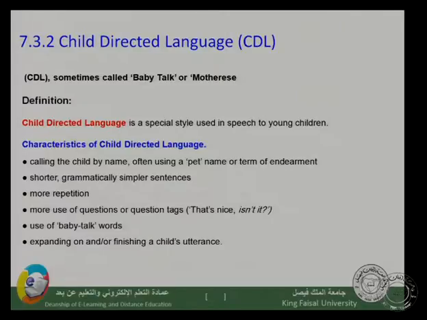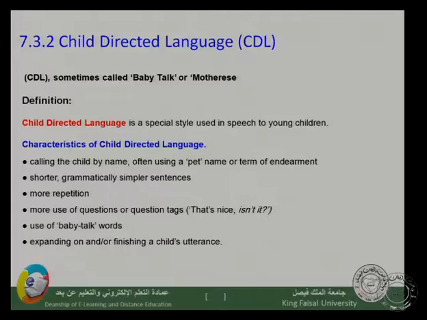We also use baby talk words which are specific to children who are under 5, and again we expand on and or finish the child's utterance. When a child says a sentence and he stumbles, he is unable to continue, we can fill the gap, we can help him express or expand whatever he says by providing him with some vocabulary that he can use to continue or to complete or to finish the utterance he is saying.